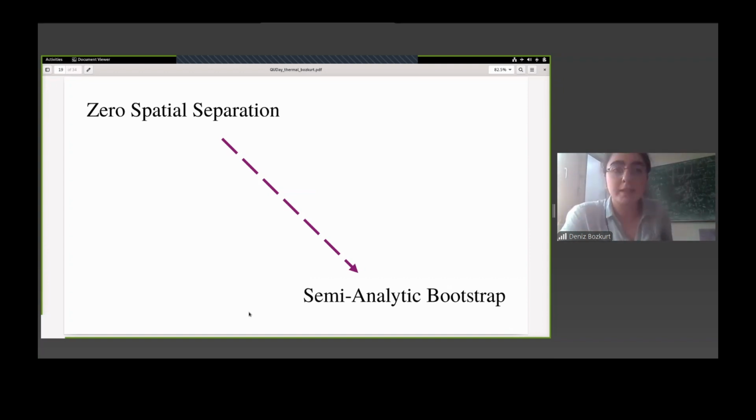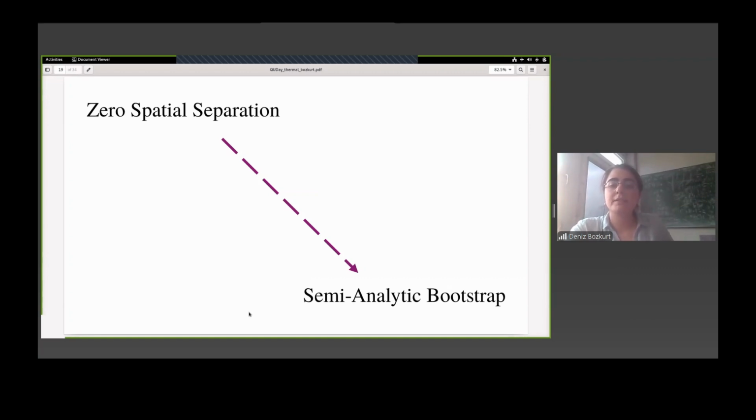Okay, if not, so up to now I was talking about complex tau plane two-point functions, but I was talking about the theories where we know the CFT data analytically. Of course this is not the case for many other theories.